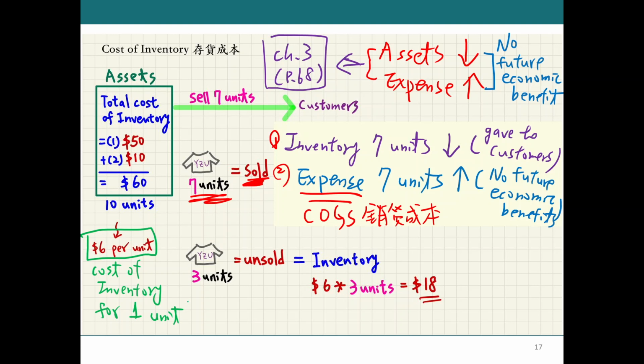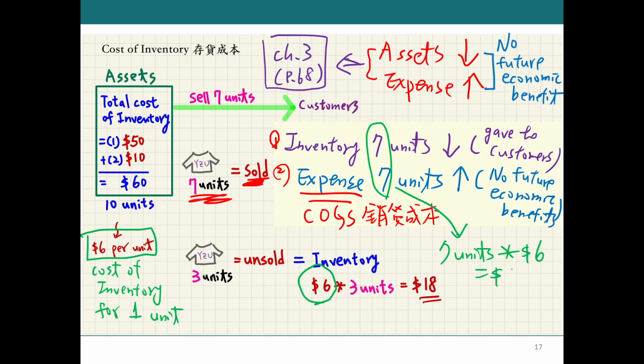So that's how we find out the amount for each one. Times $6 for each one.